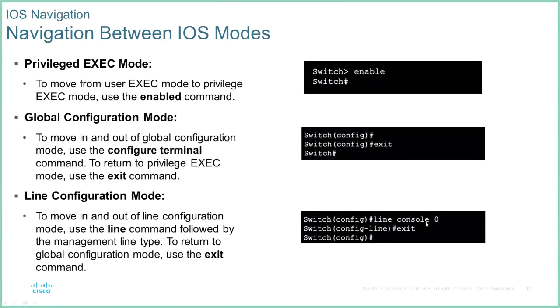So the type of port, console port, and the sequence number of the ports. They all start at 0. On a switch, you can have hundreds of ports, so you've got to know each interface identifier.